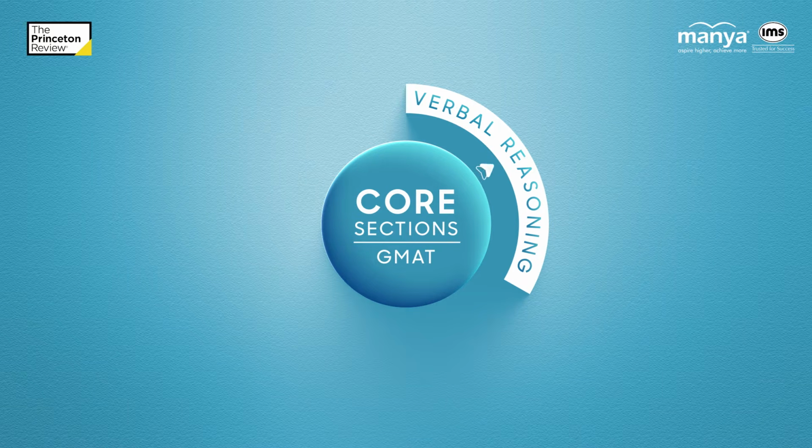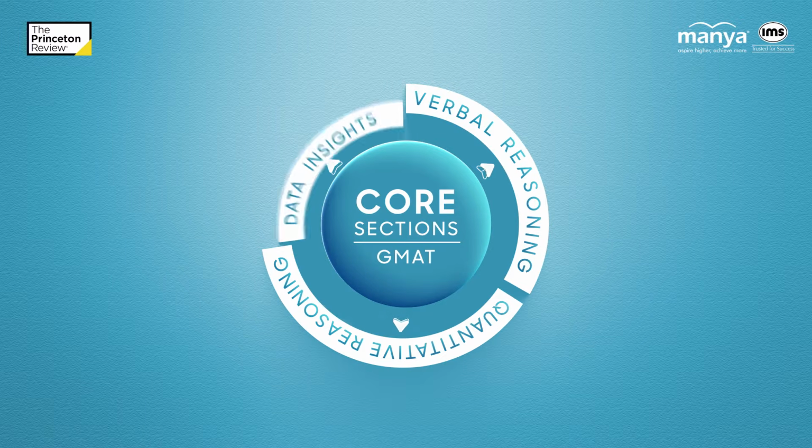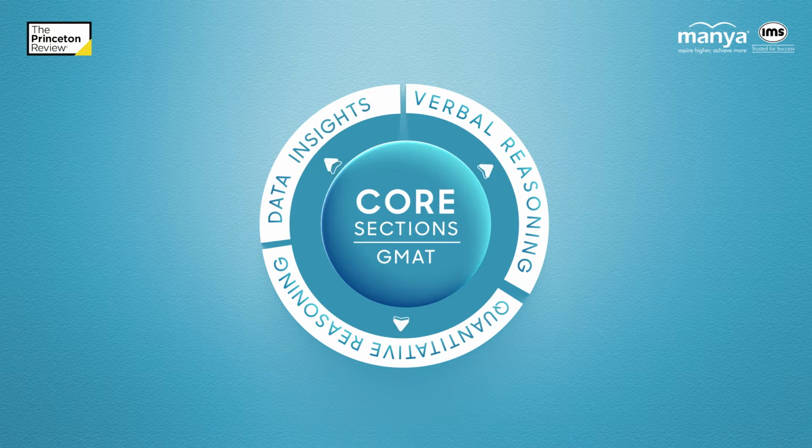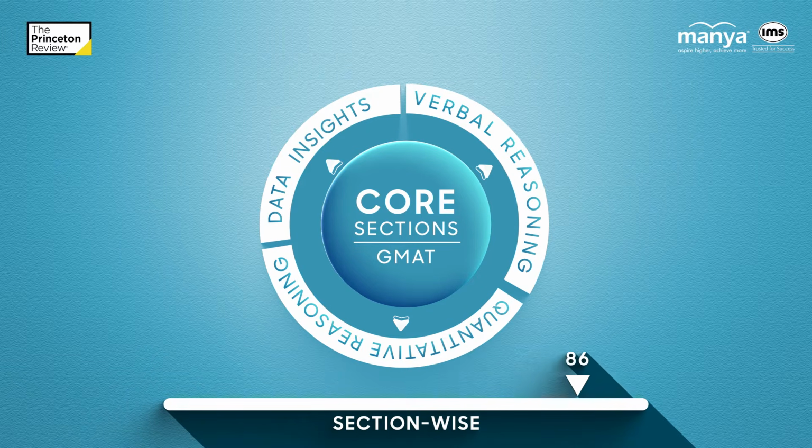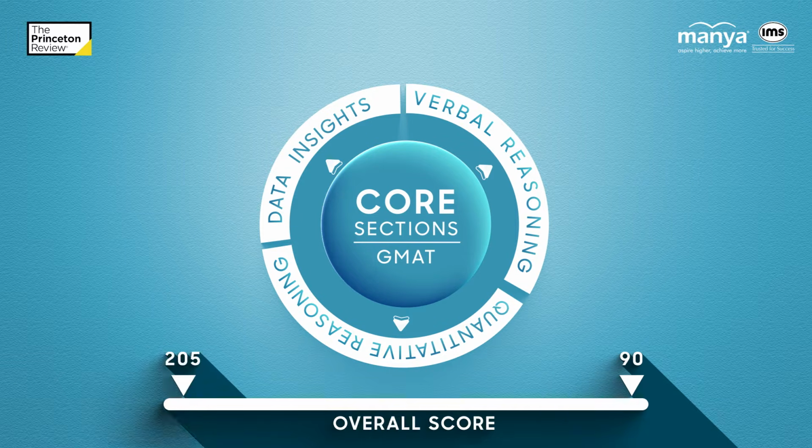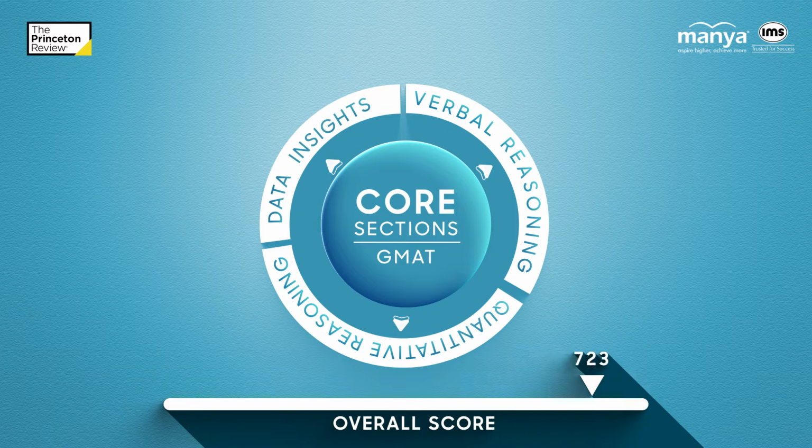Time management, therefore, is crucial here since both RC and CR questions require careful analysis. As you probably know by now, the verbal section is one of the three core sections on the GMAT, alongside quantitative reasoning and data insights. Now, each section is scored independently on a scale of minimum 60 to maximum 90 points. Your combined performance across these three sections determines your overall score, which ranges from 205 to 805.